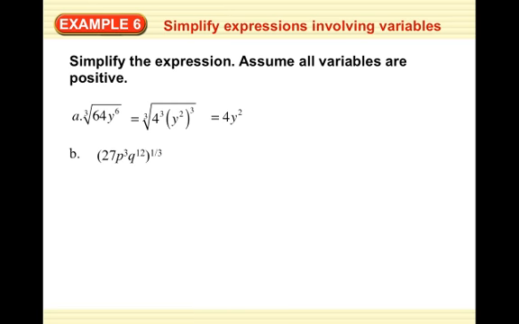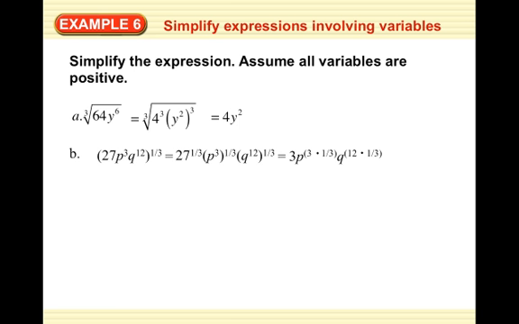We've got 27p cubed q to the 12th, all to the 1/3 power. It's the same thing as taking the cube root, so it's essentially the same kind of problem. So we've got 27 to the 1/3 power, p cubed to the 1/3 power, q to the 12th to the 1/3 power. 27 to the 1/3 power is 3 because it's the same thing as the cube root of 27. We've got p, and then we've got a power to a power.